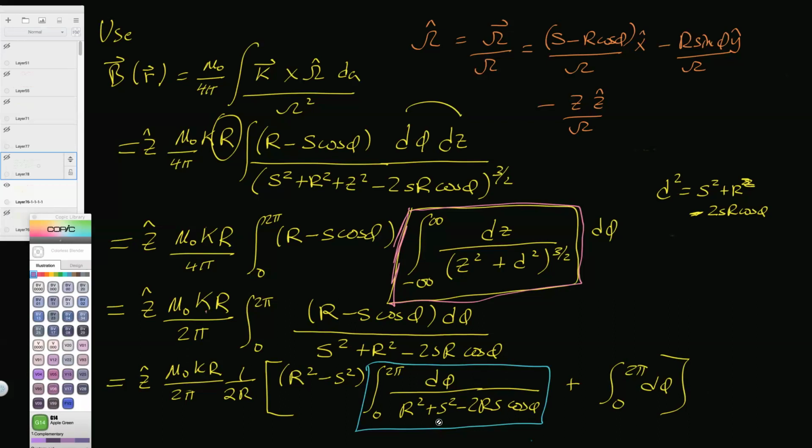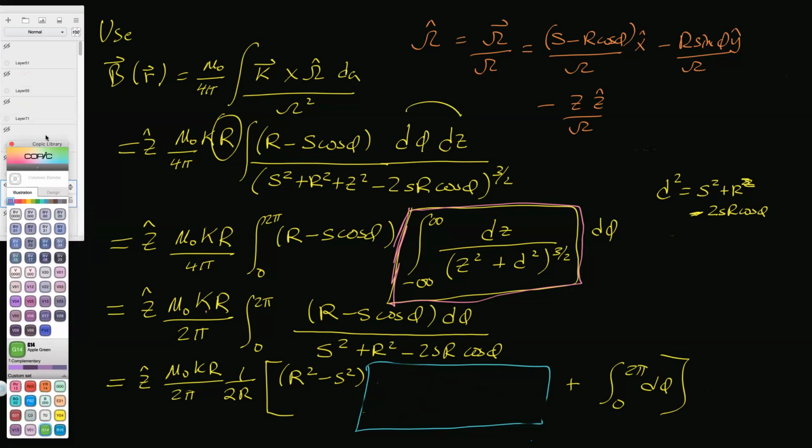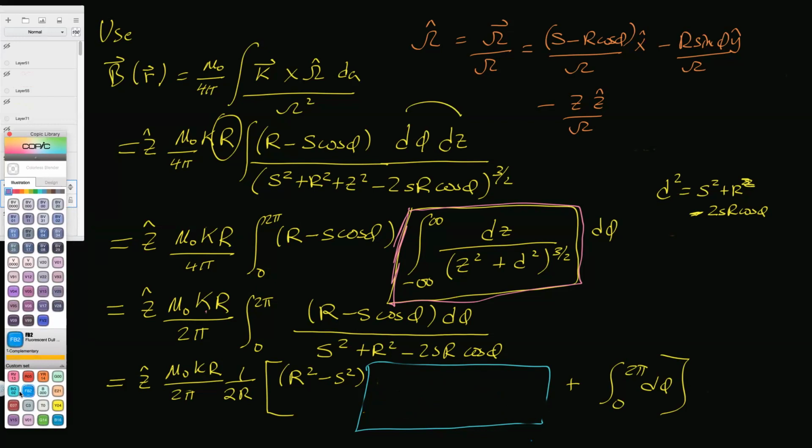I'm not missing any constants, right? So let's erase, and this becomes 2 pi over r squared minus s squared absolute value. And then this integral is super easy to do. It's just 2 pi, right?